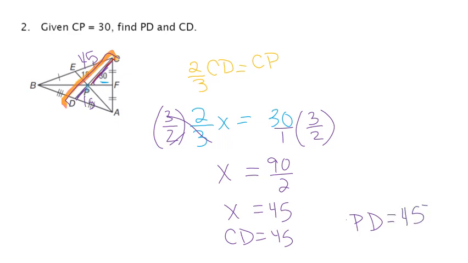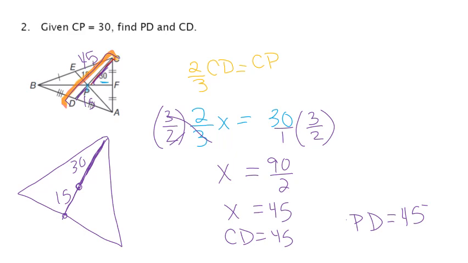All right, so that's one way to do it. Another thing you might notice, and I'm going to redraw this triangle really big just so it's a little easier to see. I'm going to take out all the other medians just so it's easy. You can see from the vertex to the centroid was 30. From the centroid to the midpoint was 15.